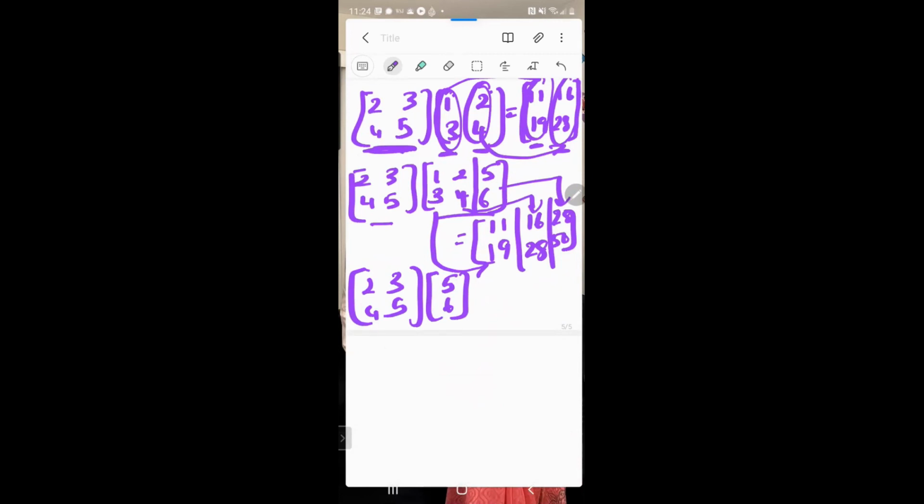So in this case, you would multiply 5 with 2 and 4, and 6 with 3 and 5, because the first column goes with the first value, and the second column goes with the second value. Make sense, Shruti? Okay, cool. So this gives us 28, 50. So this is all matrix multiplication is about.